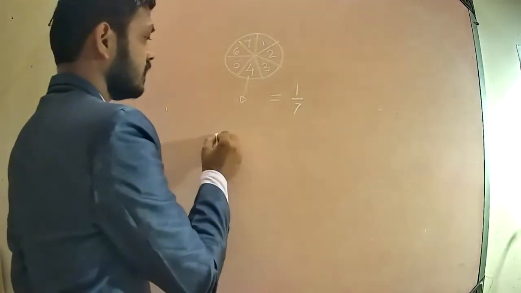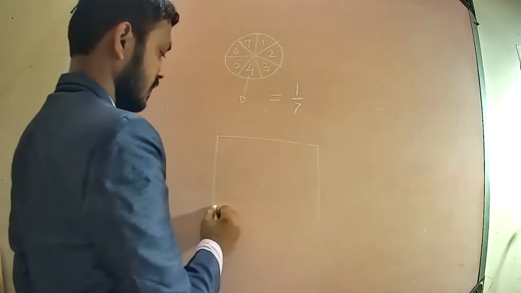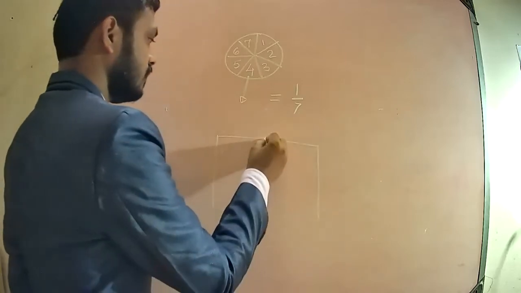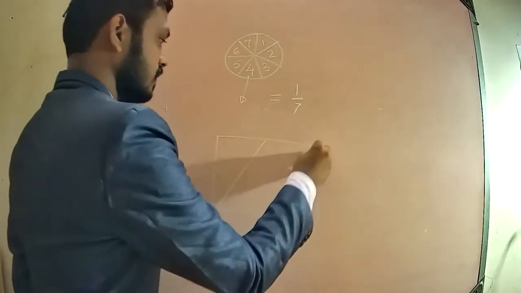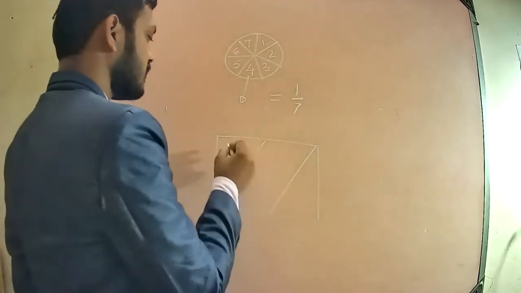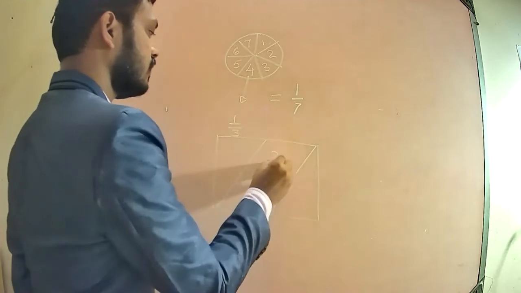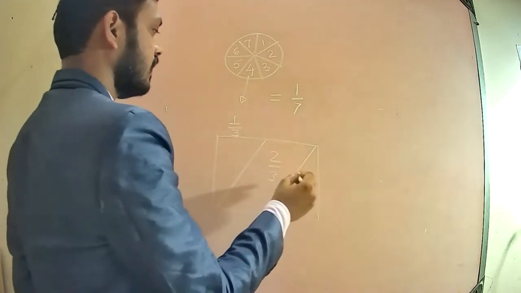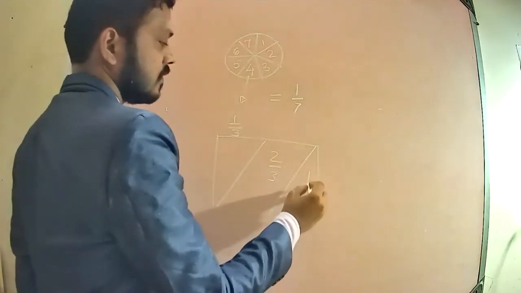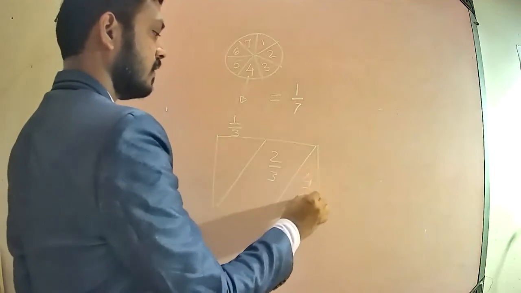But suppose a square is divided into these 3 portions, yes. Suppose it may be 1/3, 2/3 and again 4/3.